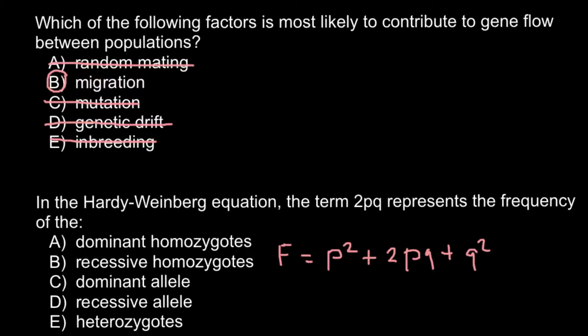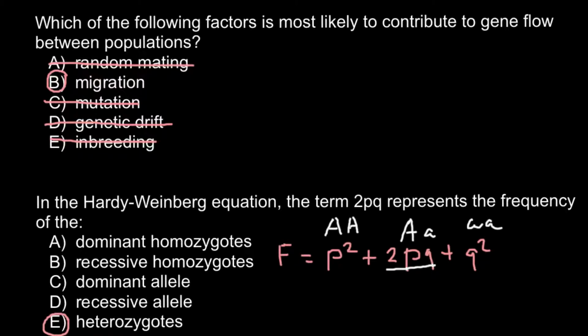In this formula, p squared stands for the homozygous dominant genotype, 2pq stands for the heterozygous condition, and q squared stands for the homozygous recessive. So as you see, 2pq stands for the heterozygote condition. So this would be answer E.